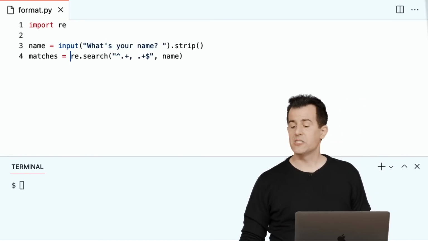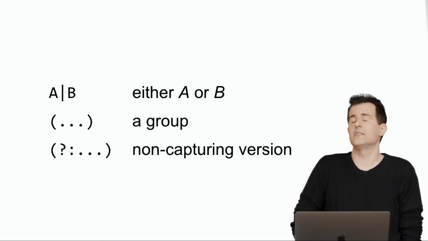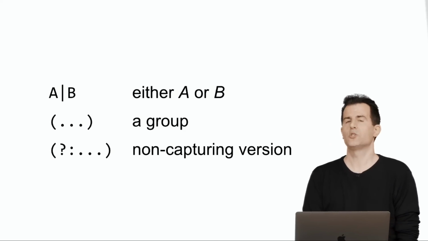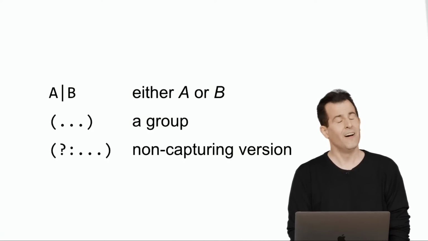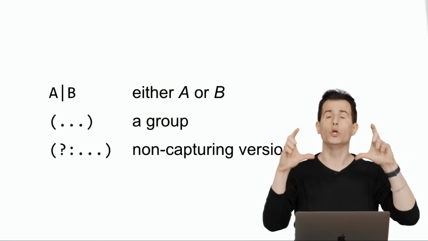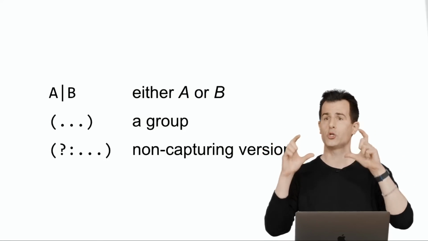But what is it you want to get back? Well, it turns out there's this other feature of regular expressions which allows you to use parentheses not just to group things together, but to capture them. When you specify parentheses in a regular expression, everything in the parentheses will be returned to you as a return value from the re.search function.